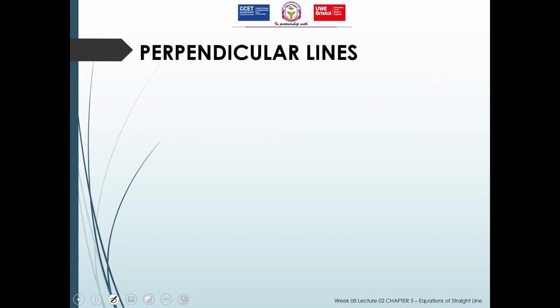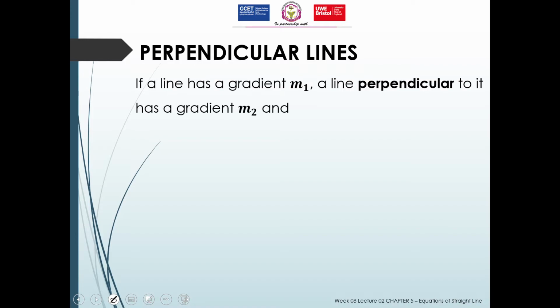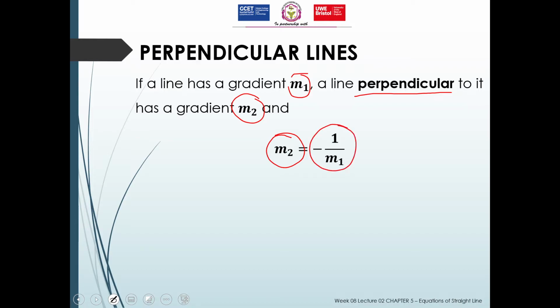Okay, let's continue. Now, when can we say the two lines are perpendicular? If your first line has gradient m sub 1 and your second line has gradient m sub 2, we say that they are perpendicular if the gradient of the second line is equal to negative 1 divided by the gradient of the first line.